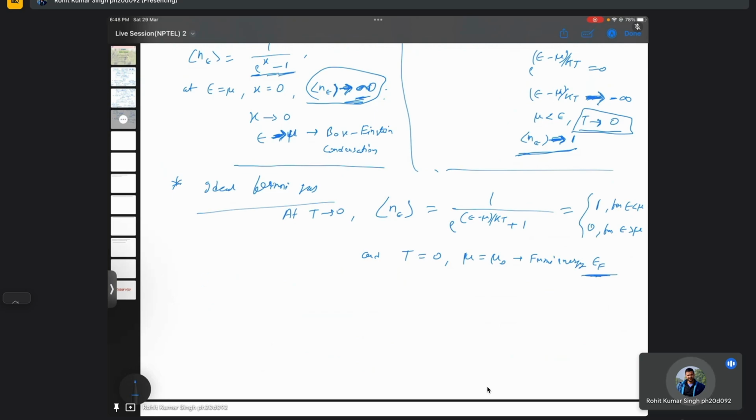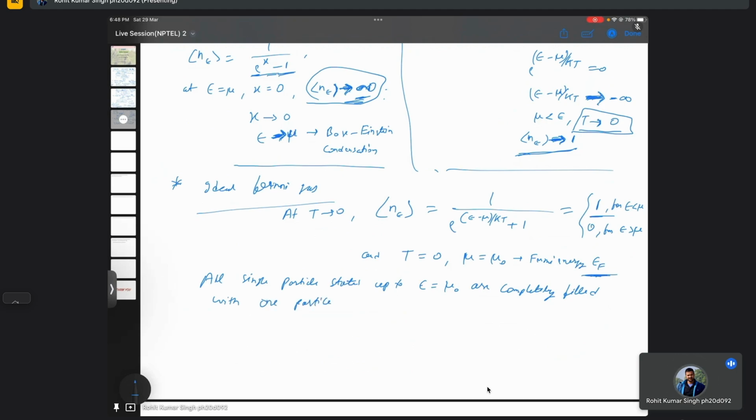So this means that all single particle states up to energy equal to mu naught are completely filled with one particle each, right?